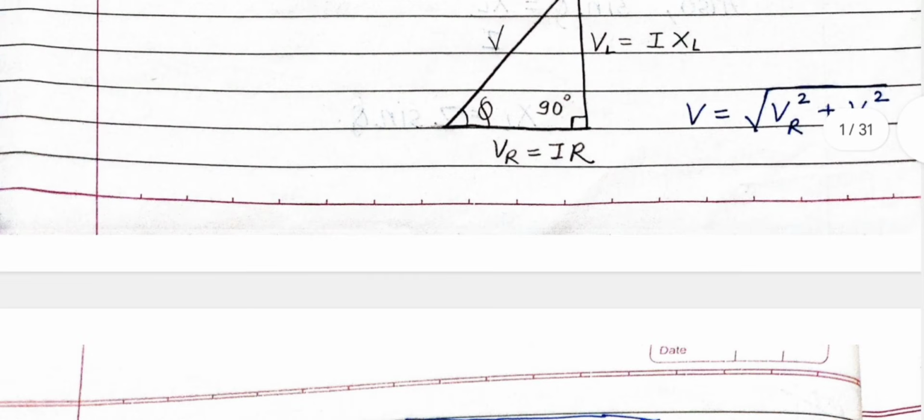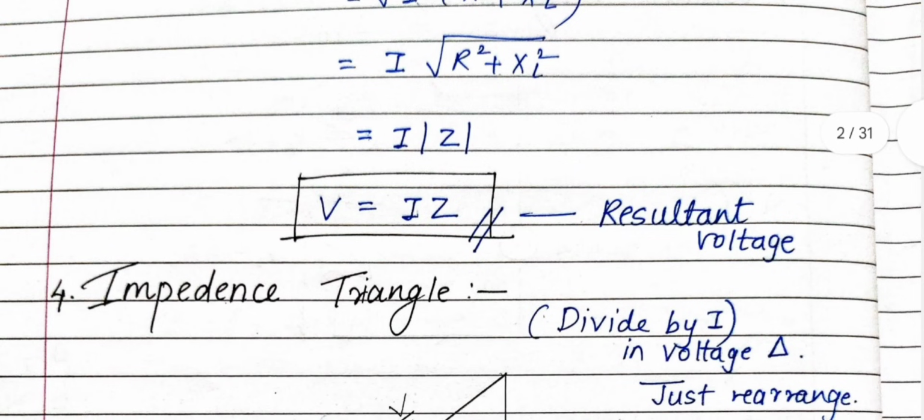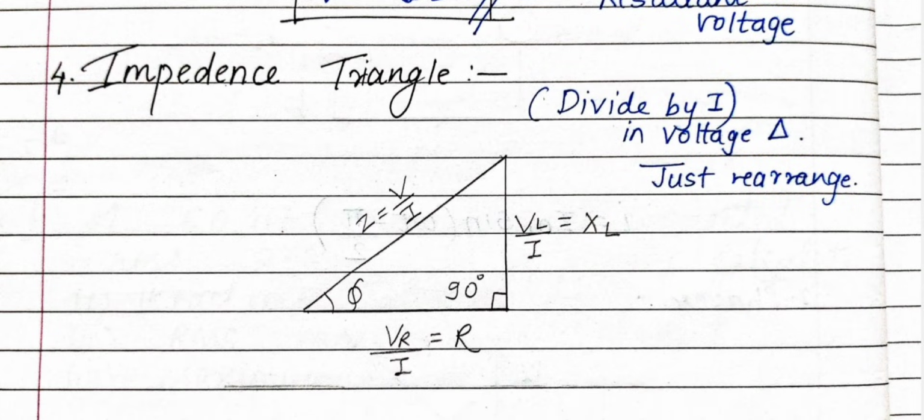This was the formula for V. As we have found out, V is I into Z. Just write V is equal to IZ, right? Just divide it by I, or simply if you divide the equation throughout by I, you will get the thing which you have to write over here. See, you will get Z equal to V by I. So this you have to mention over there.